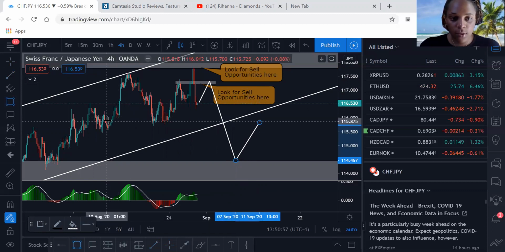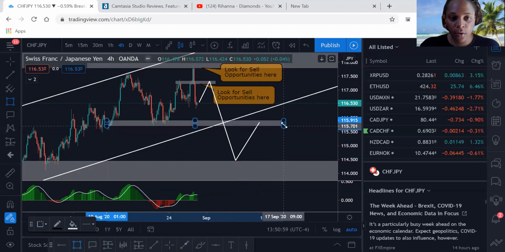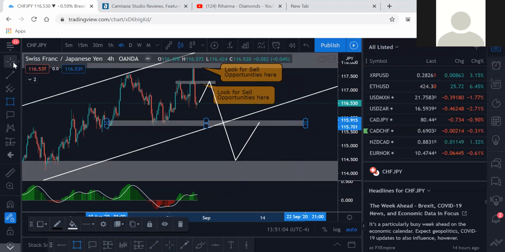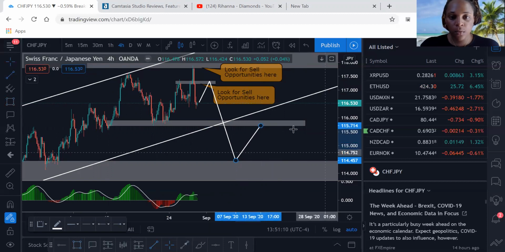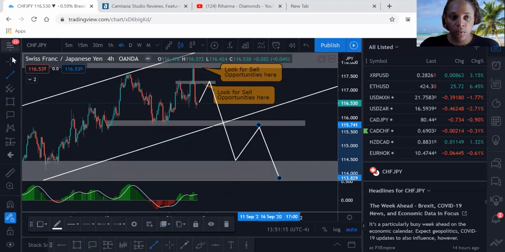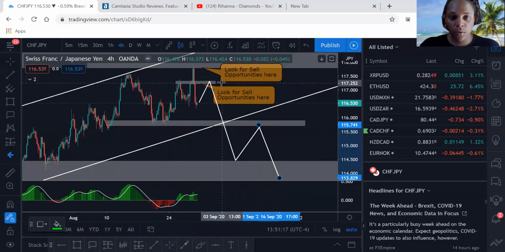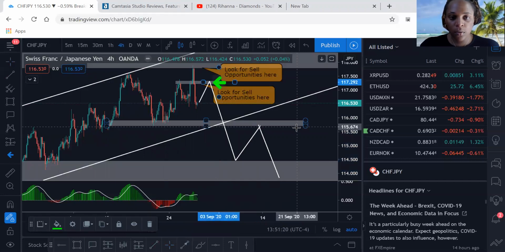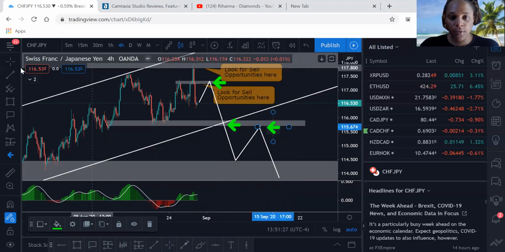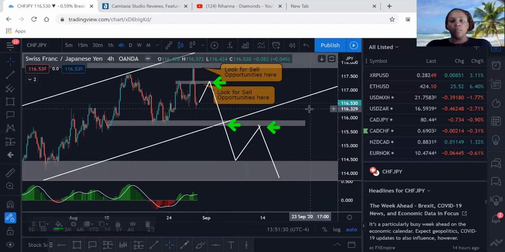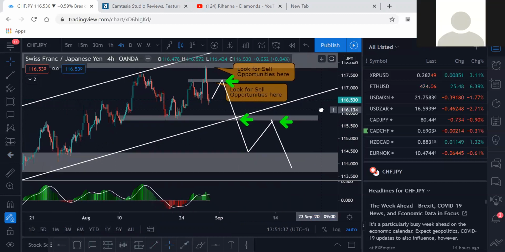This is the neckline of an M. So you can get in on the break here as well, and then you can also get in on the retest of there.